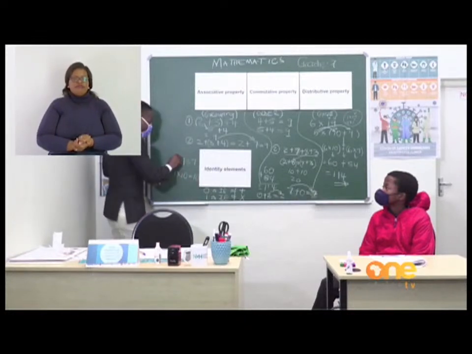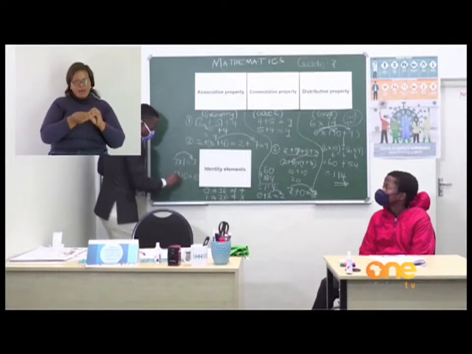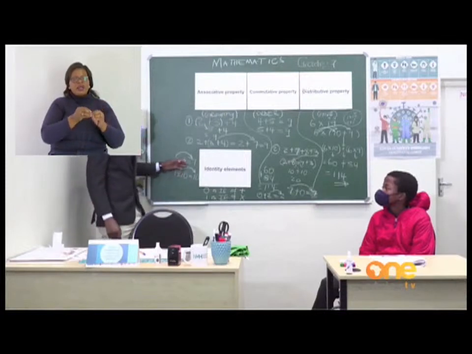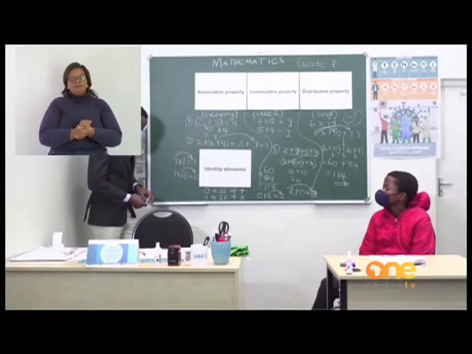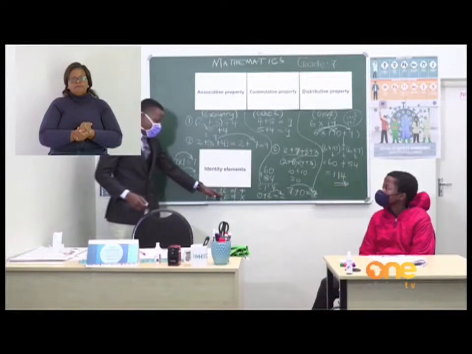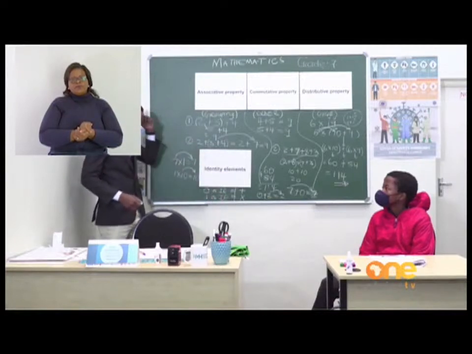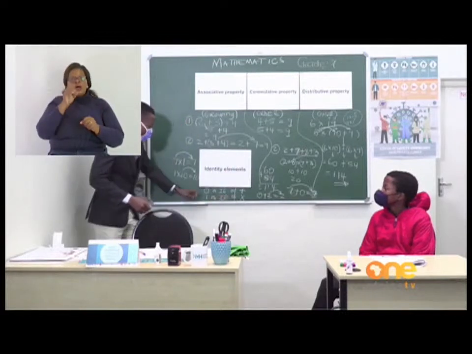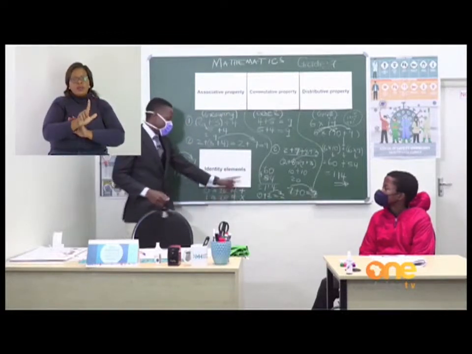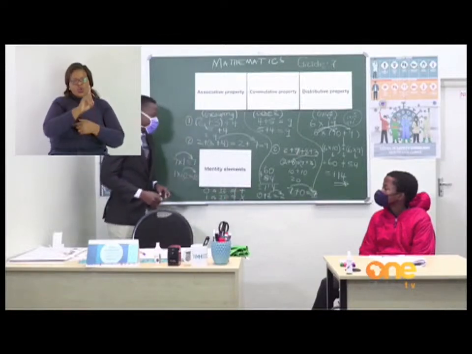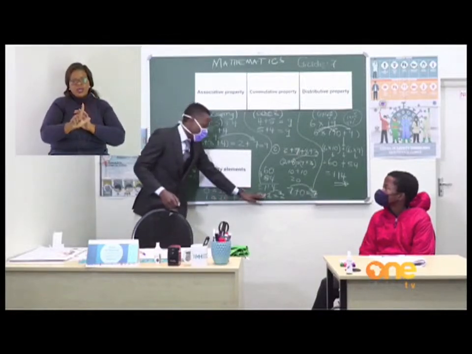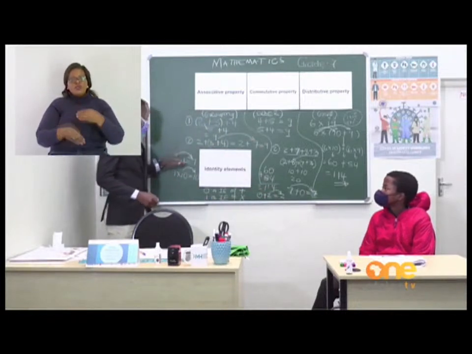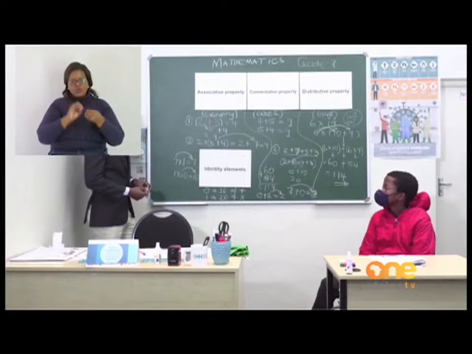So the answer is that number when you are multiplying with 1. So this must be fixed in the head that 0 is an identity element of addition and 1 is an identity element of multiplication. Why? Because if you add 0 to a number, you get that number. If you multiply a number by 1, you get that number.